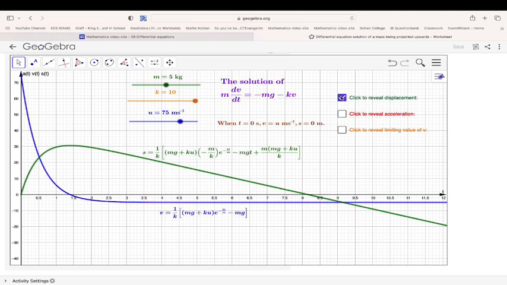That would be the displacement equation. This would be the acceleration, and here we see that we have a limiting value of minus mg over k. If I just remove the acceleration there, you get that. So you can get all these equations. We're about to derive this one and this one and this one.